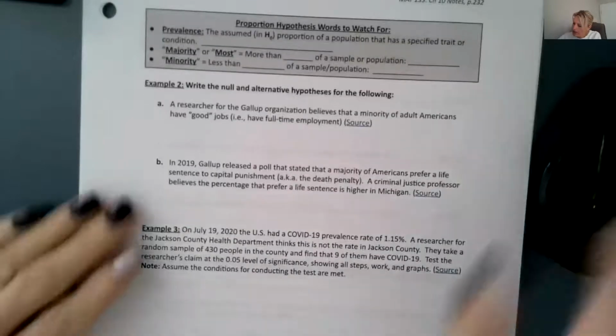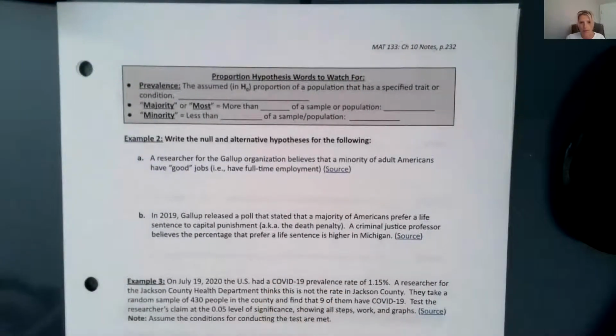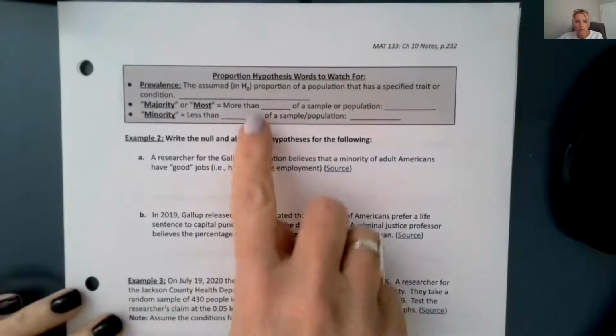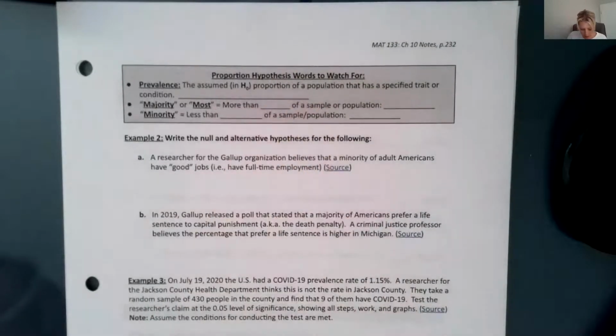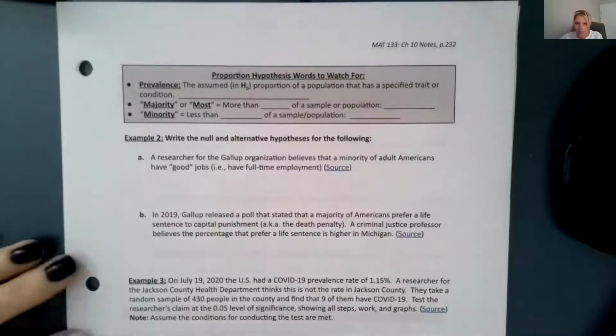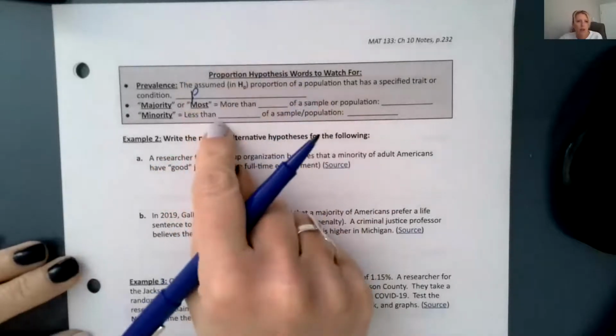And we're going to bring in some other things that we talk about when we talk about hypothesis testing. And one of those is called prevalence. Prevalence is the assumed in H0 proportion of a population that has a specified trait or condition. Okay, so prevalence would be our assumed P, whatever we think is true.